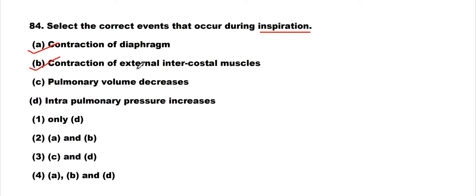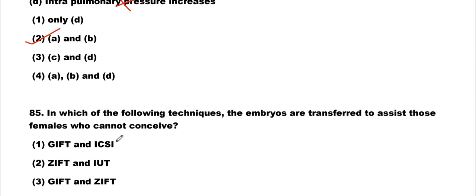Yes, the external intercostal muscles between the ribs will contract, which may result in increasing of the thoracic cavity dorso-ventrally. Pulmonary volume decreases. No, this is wrong. Intrapulmonary pressure increases. No, intrapulmonary pressure decreases during inspiration. So A and B are correct. Your answer would be 2 for this.